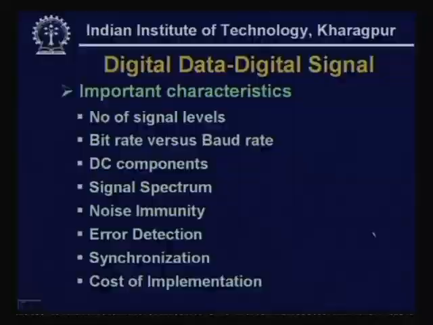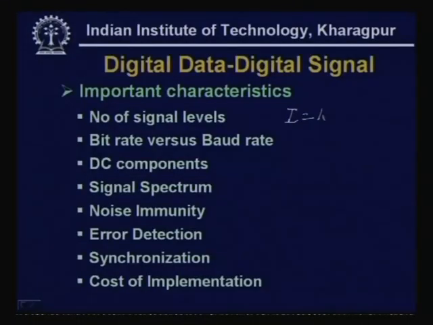Whenever you do multi-level encoding, the information content can change, and as you know, I is given by 2b log2 m. That means the number of signal levels used will decide the information rate, where b is the bandwidth of the medium. So, to achieve a higher data rate, information rate, we can go for multi-level encoding if necessary.